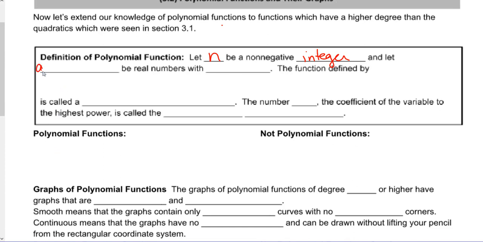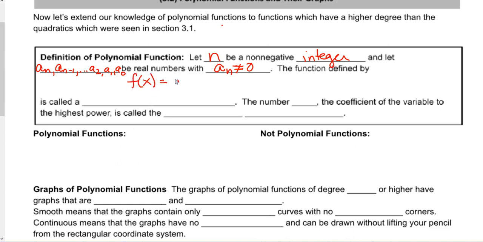And let a sub n, a sub n minus 1, all the way to a sub 2, a sub 1, and a sub 0 be real numbers such that a sub n is not equal to 0. I know that looks a little bit weird with that notation, but basically we're just now going to be looking at numbers that are in front of our x's of a function that is defined as this.